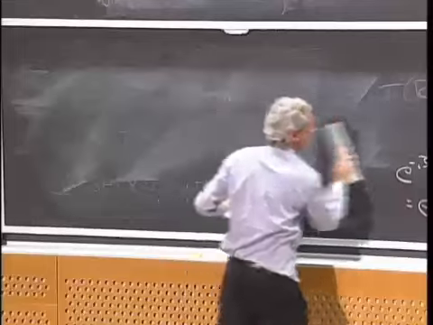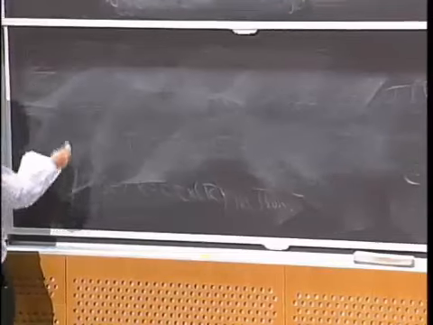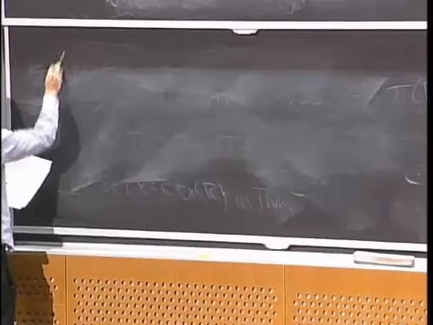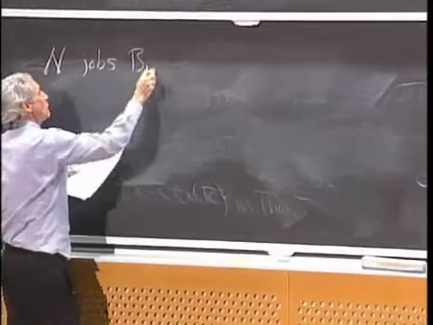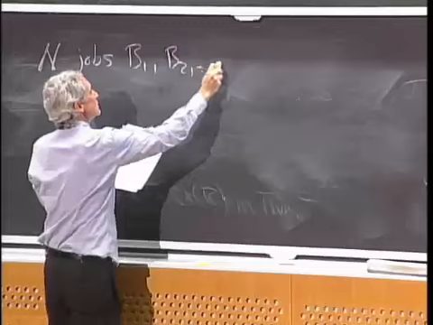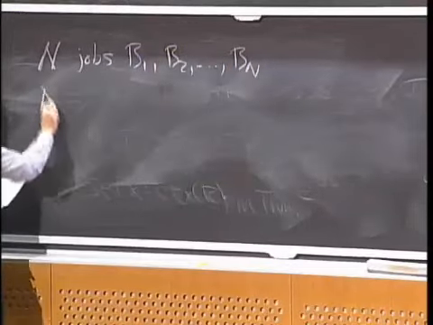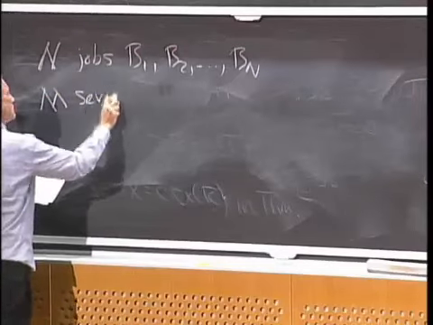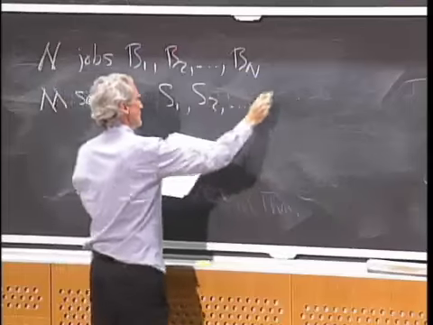And this is a load balancing application. For example, you might have it with web servers. Say you've got to build a load balancing device, and it's got to balance n jobs, B1, B2 to Bn, across a set of m servers, S1, S2 to Sm.